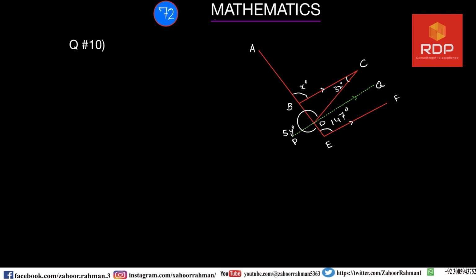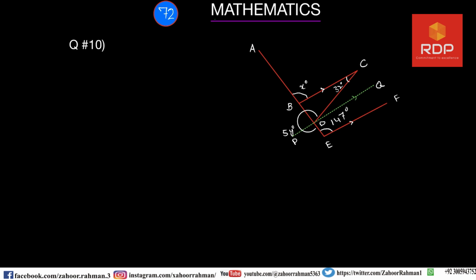They have given us this very important information. It means that ABDE is a transversal line, while BC and EF are parallel lines. We have to find the value of x degree and y degree.